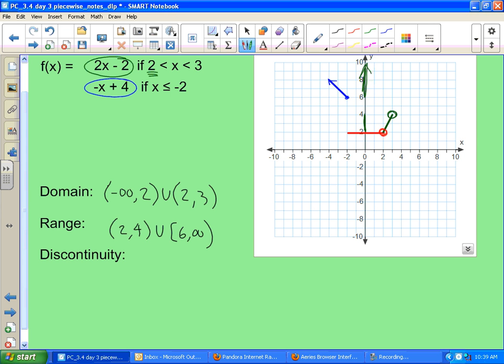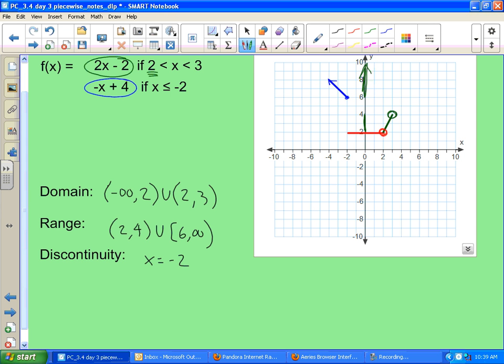And then we have a broken graph, so we have some points of discontinuity. I actually have 2 points of discontinuity. Where are they? x equals -2 is a broken point. Where else am I broken? You're also broken at x equals 2. There's a hole right there.